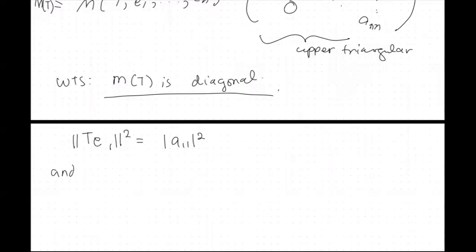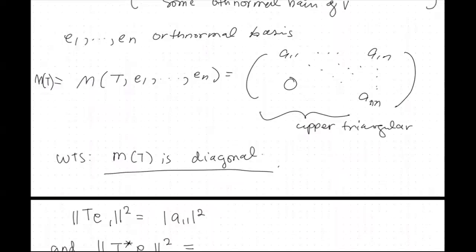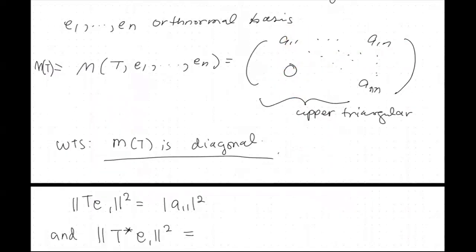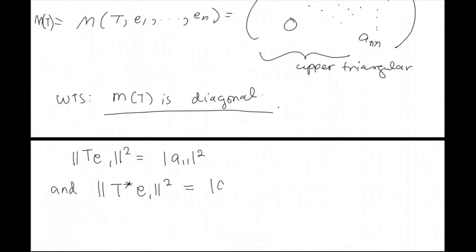And also, the norm of T star e1 squared, if you go in the reverse direction, is a11 squared plus a12 squared up to a1n squared.